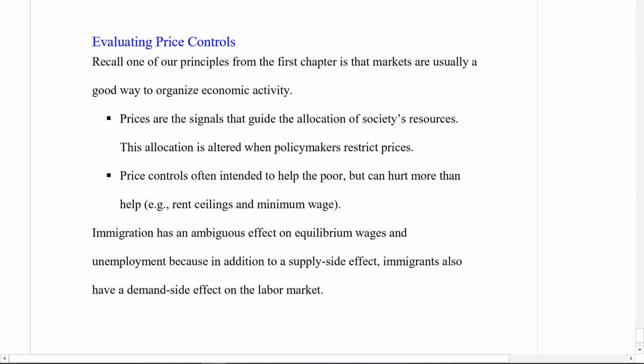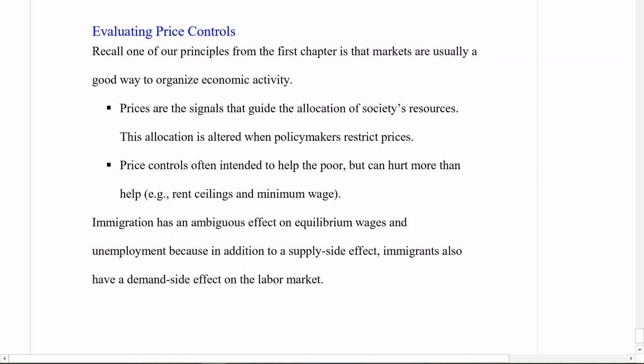And that gets us to our conclusion for this chapter and for this section on supply and demand. So we see these price controls, price floors, price ceilings. They're often meant to help people in different situations. A price ceiling put in place to keep rents under control will help the people who still have housing, but it creates shortages in housing.